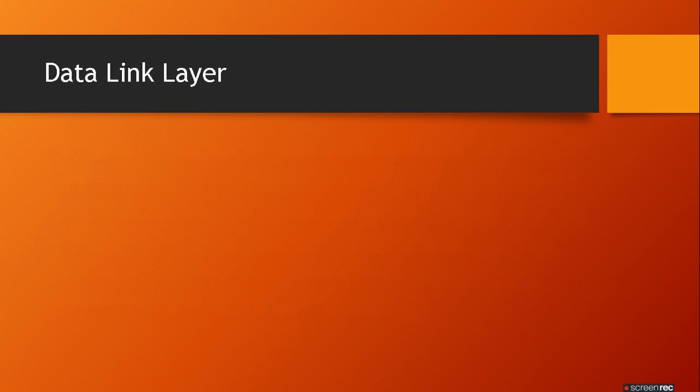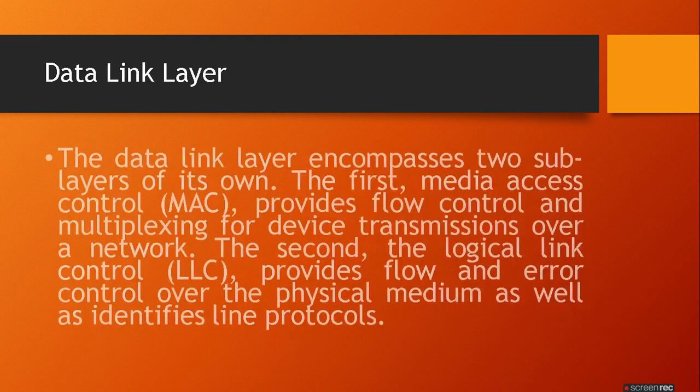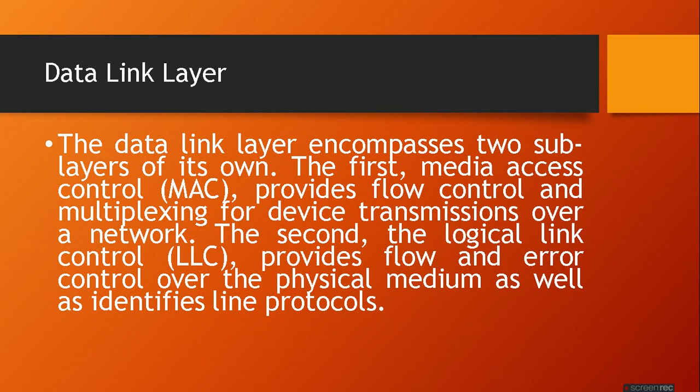The second layer is called the data link layer. At the data link layer, directly connected nodes are used to perform node-to-node data transfer, where data is packaged into frames. The data link layer also corrects errors that may have occurred at the physical layer. The data link layer encompasses 2 sublayers of its own.